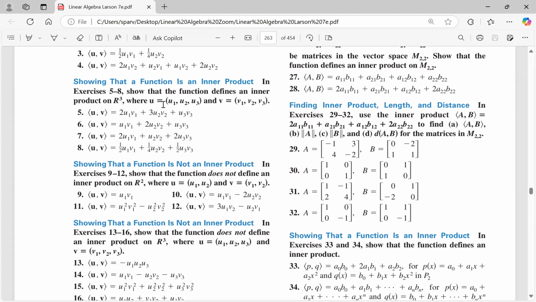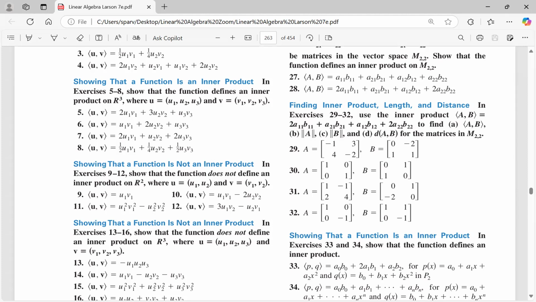That's how I'm going to define it. Of course, we have two vectors: U, whose components are U1, U2, U3, and V, whose components are V1, V2, and V3. The question: show that the function defines an inner product or dot product on R cubed.